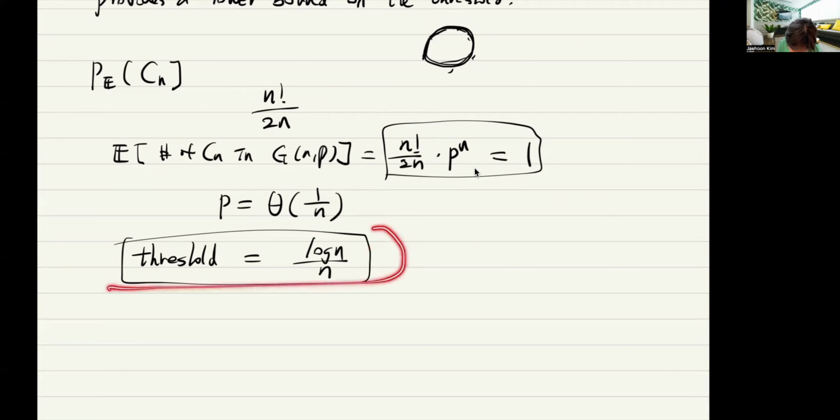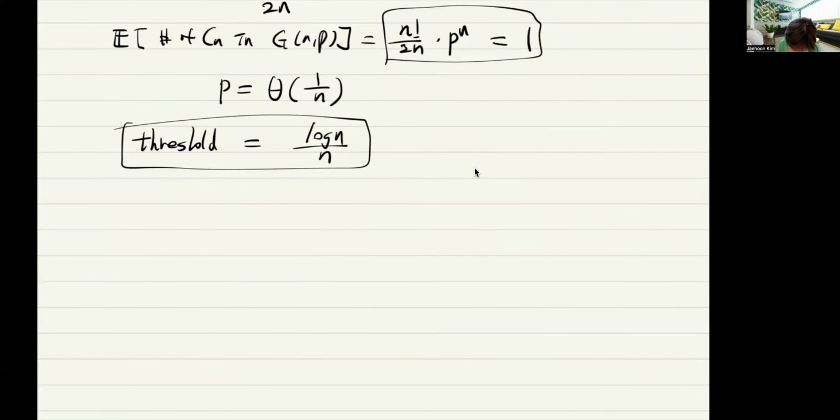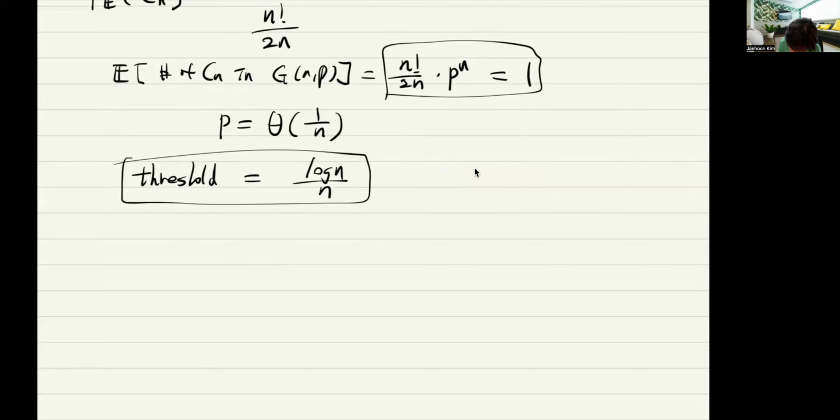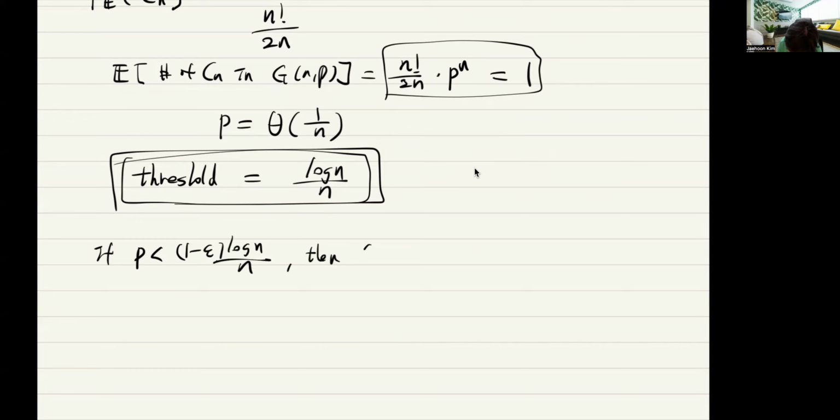And where does this gap come from? One thing we did to compute the threshold for Hamilton cycle is that if p is sufficiently smaller than that, then G almost surely has an isolated vertex.